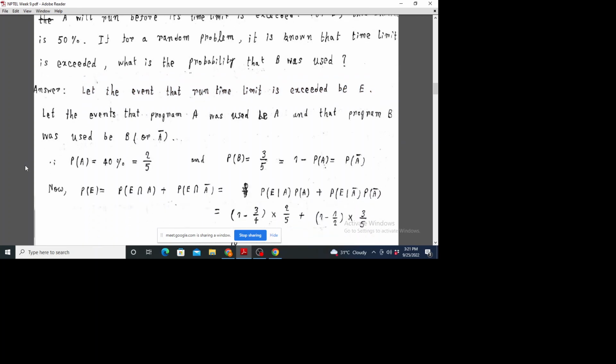Now let the event that the program A was used be A, and the event that the program B was used be B. And you see, there are only two programs, A and B, and that means using B is the complement of the situation when the program A is used.